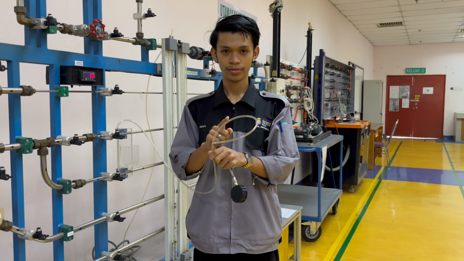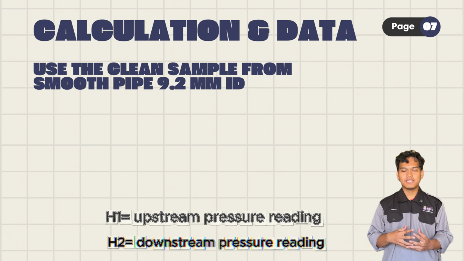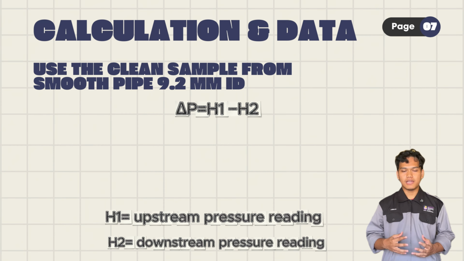After all the readings were recorded, the head loss due to friction was calculated using the pressure difference between upstream and downstream pressure readings. The upstream reading is represented by H1, while the downstream reading is represented by H2. Therefore, the pressure difference is calculated using delta P equals H1 minus H2. For the sample calculation, we use the smooth pipe with internal diameter 9.2 mm at flow rate 16.